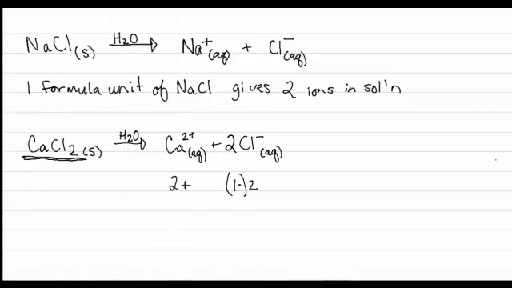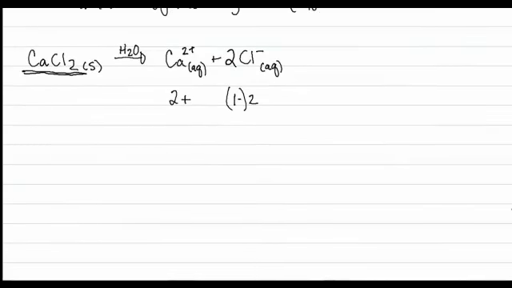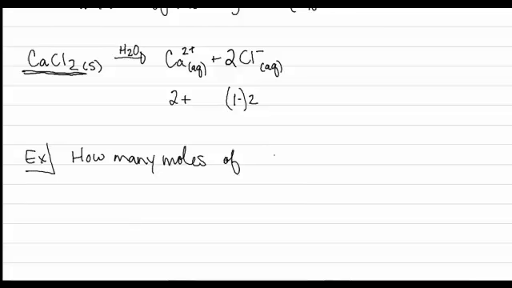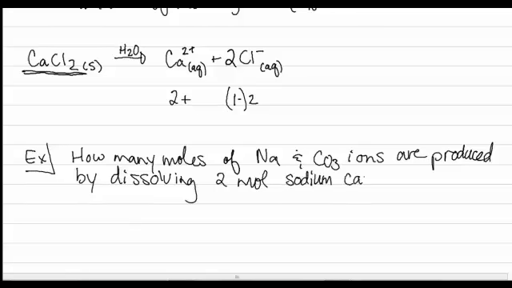Now we'll do an example problem on how to use mole ratios when we assume 100% dissociation. If I have the problem that says, write an example here, how many moles of sodium and carbonate ions are produced by dissolving 2 moles of sodium carbonate?